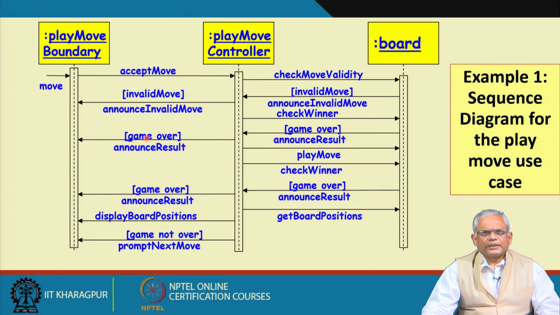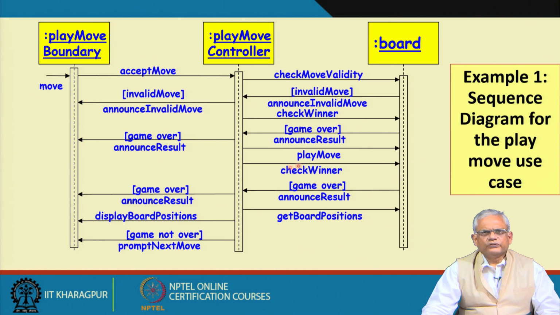If the game is not drawn, then the computer has to make the move, but who can make the move? The controller cannot make the move, because it does not have the data about the board positions. The board has all the data, and therefore we need to associate this method here, play move.